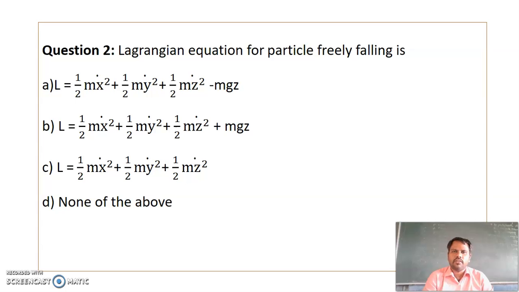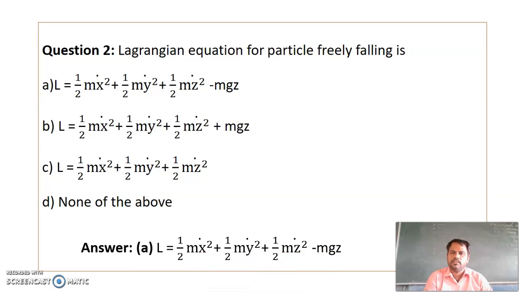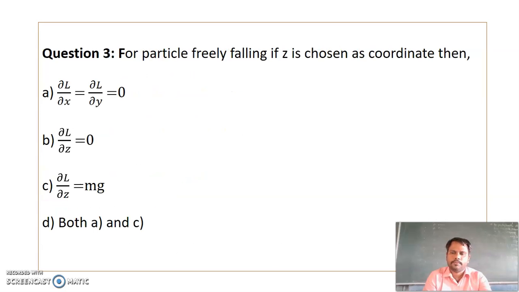The Lagrangian for a particle falling freely is half m x dot square plus half m y dot square plus half m z dot square minus mgz. So the option is A.